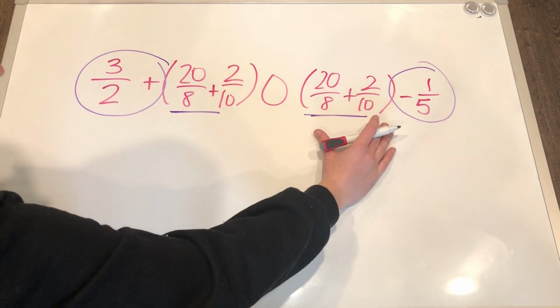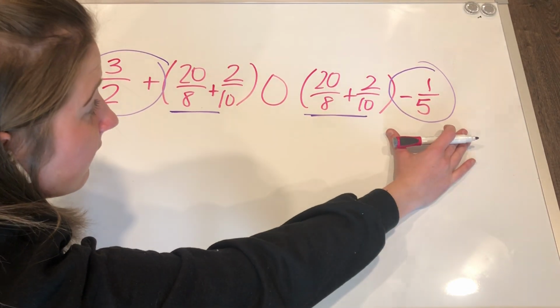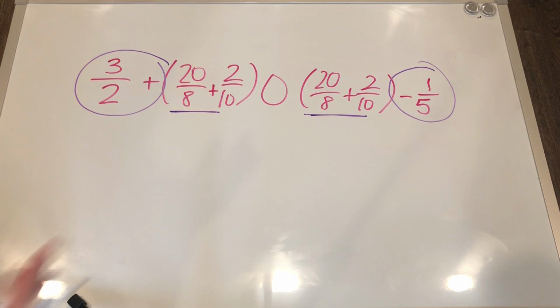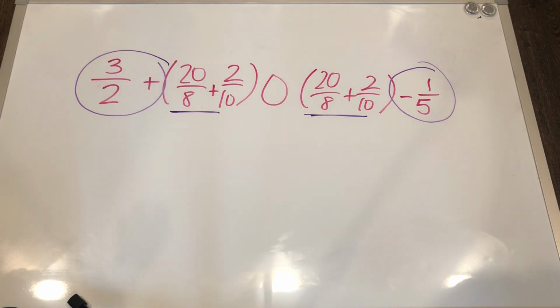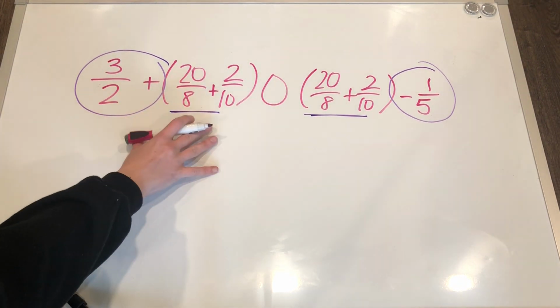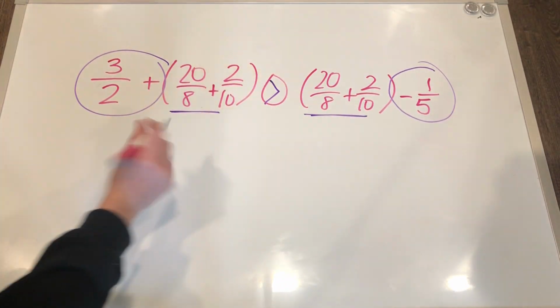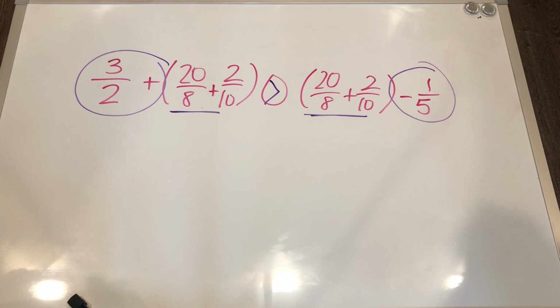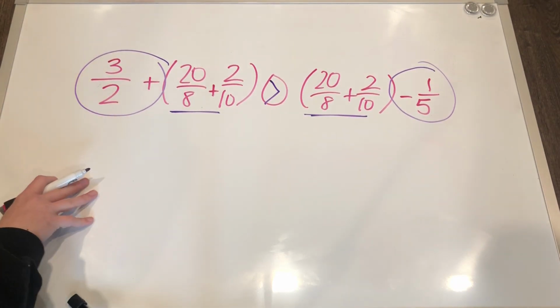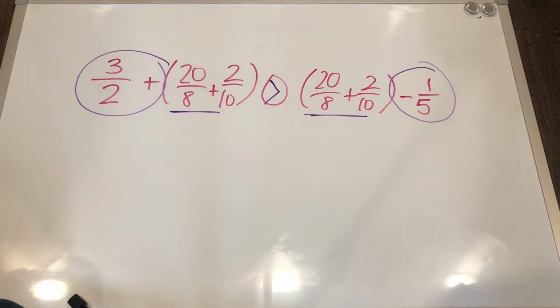If I have this expression and I'm taking away 1/5, that's going to give me a smaller value. So this is getting bigger because we're adding to it, and on this side we're taking away. So this is going to be the greater expression because we're adding 3/2, and in this one we're taking away.